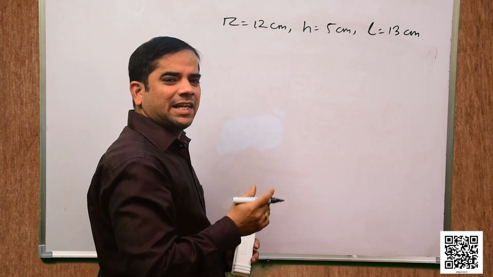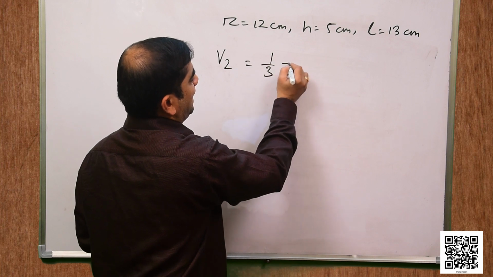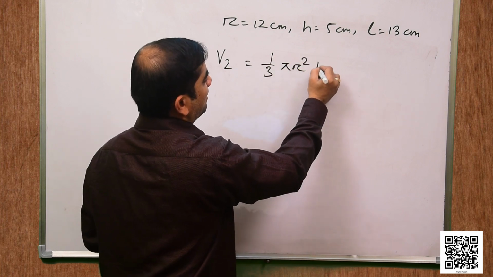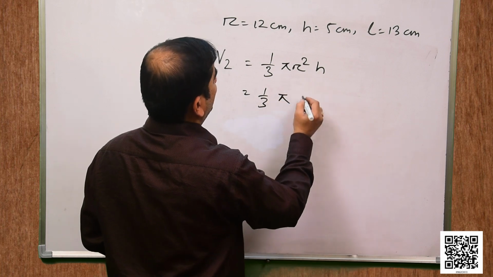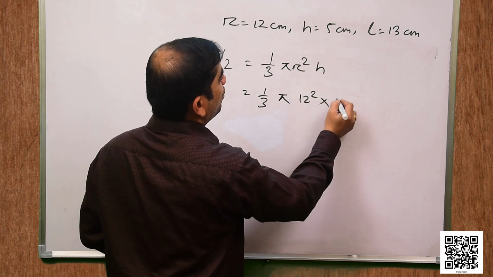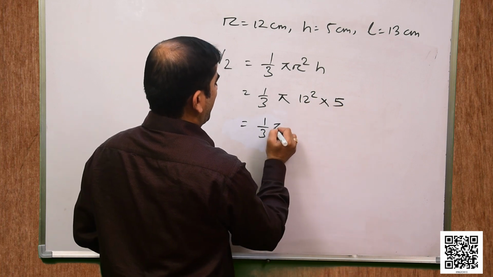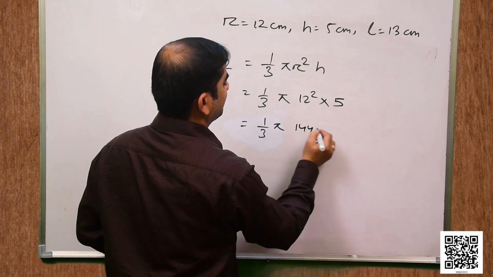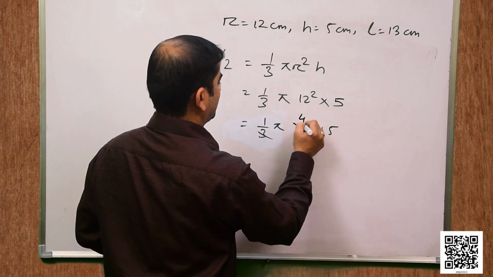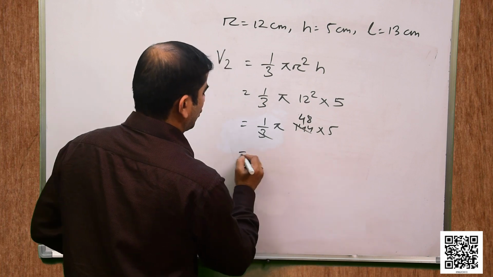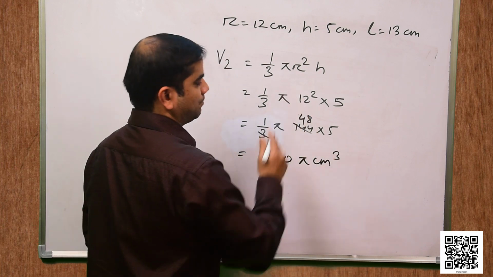So let us take the volume to be V2. So V2 is equal to 1 by 3 pi r square h, that is 1 by 3 pi into 12 square into 5. So that is 1 by 3 pi into 144 into 5, that is equal to 240 pi centimeter cube.